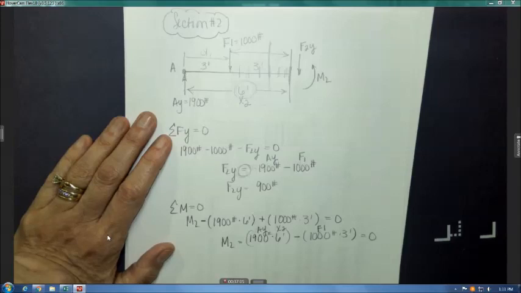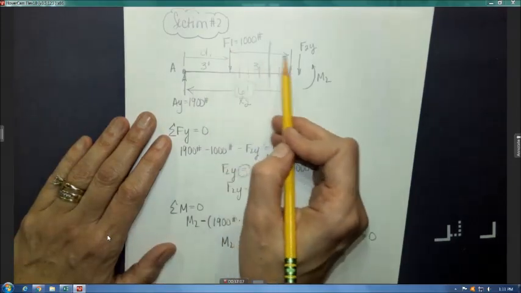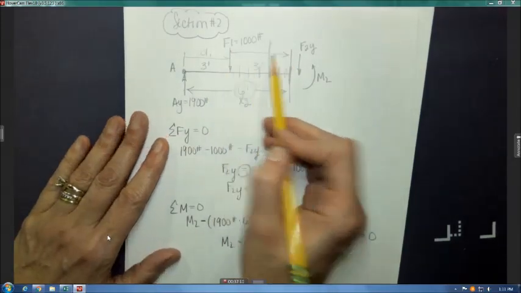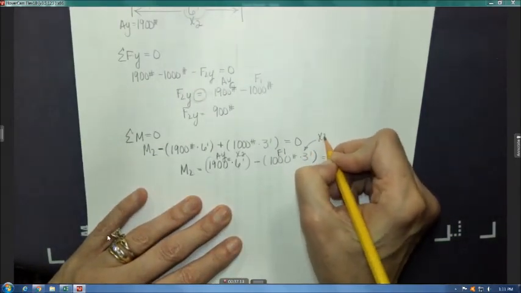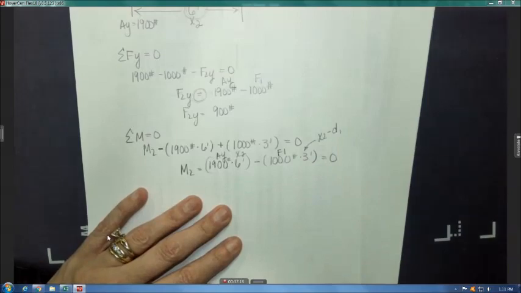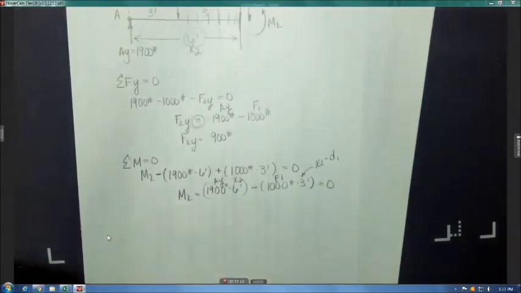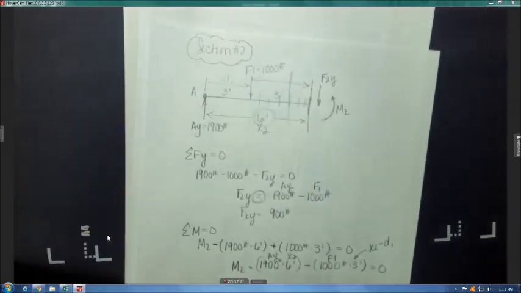Do you see that? And that's going to be the leftover distance then to here. So this is going to be X2 minus D1. Everybody see that? If you're not looking, that's okay, but this is kind of important because this sets up your spreadsheet.